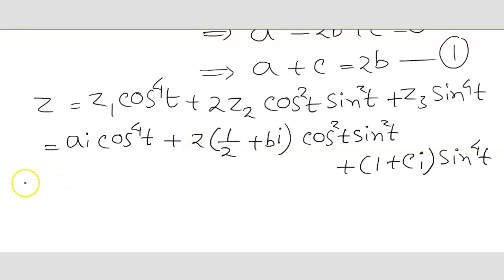Now what we can do is simply multiply these things, find the relation and expand it. So if we do so, the result will follow like this.